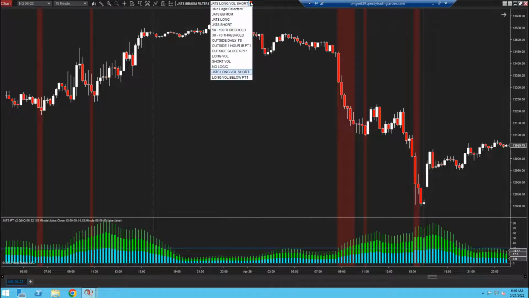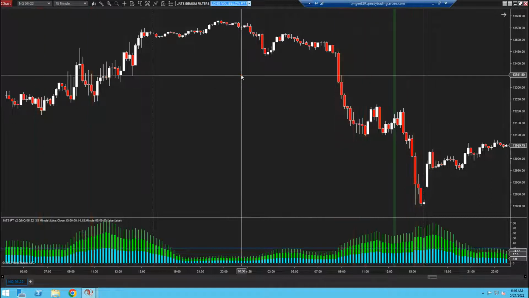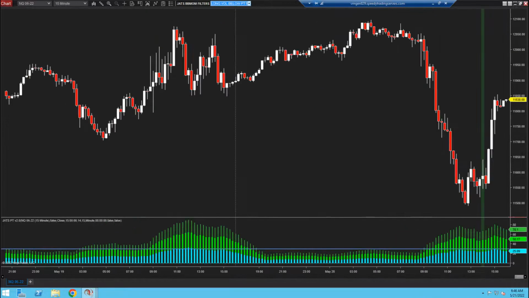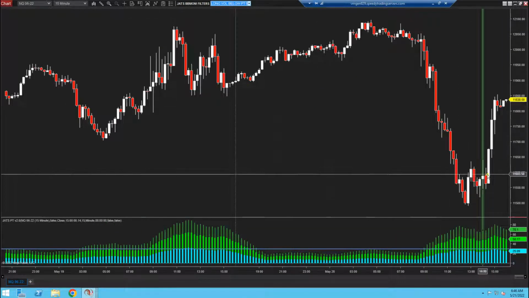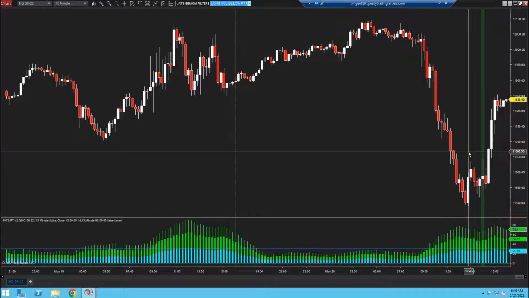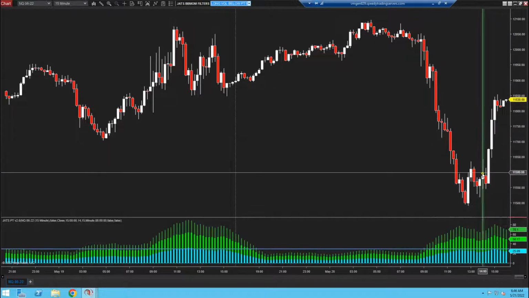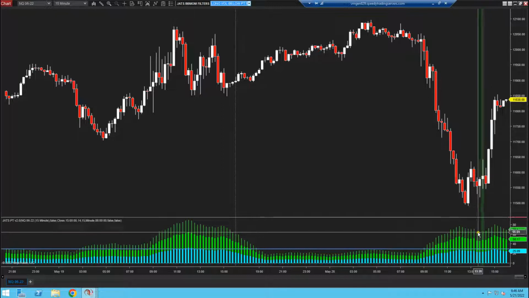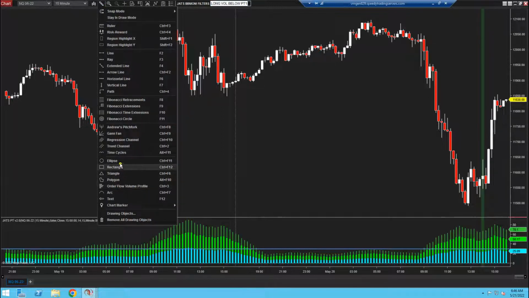So there's also another one, long vol below PT1. This is for the reversals back up. So below the daily PT1, if you get a long vol inflection, so this requires the actual inflection.